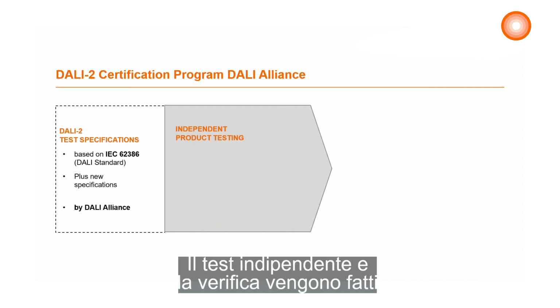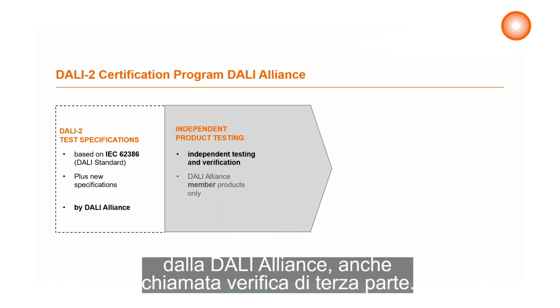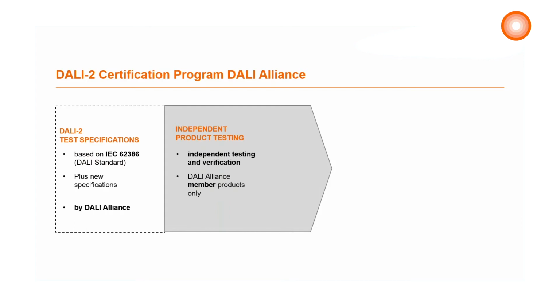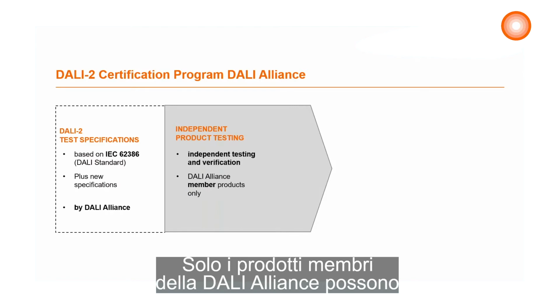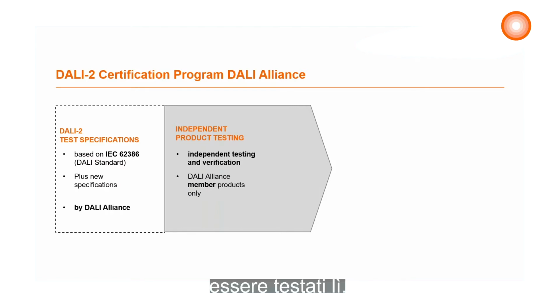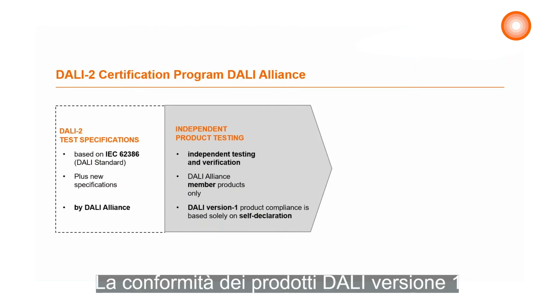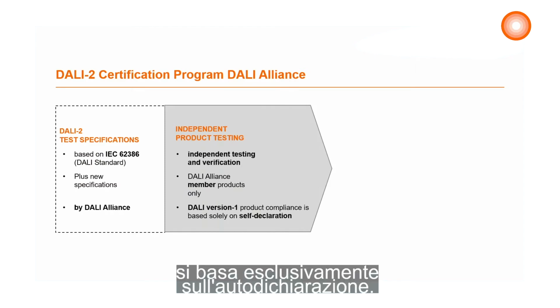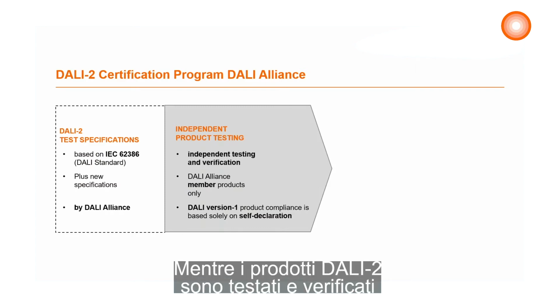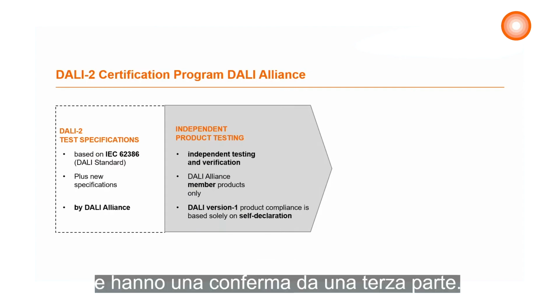The independent testing and verification is done by the DALI Alliance, a so-called third-party verification. Only DALI Alliance members' products can be tested there. DALI version 1 product compliance is based solely on self-declaration. So DALI-2 tested and verified products have a third-party confirmation.